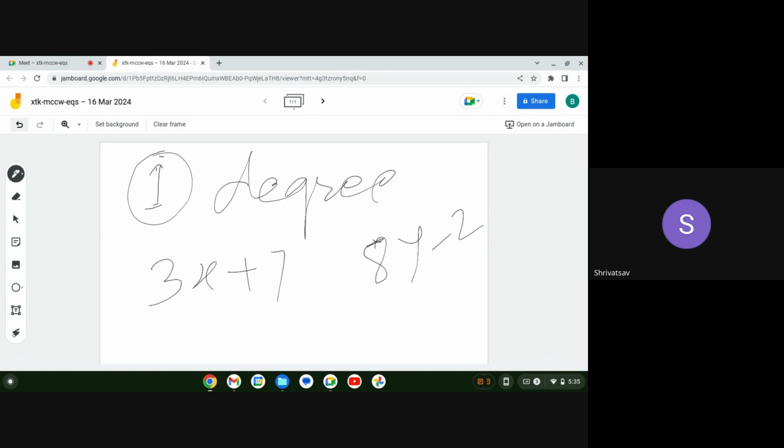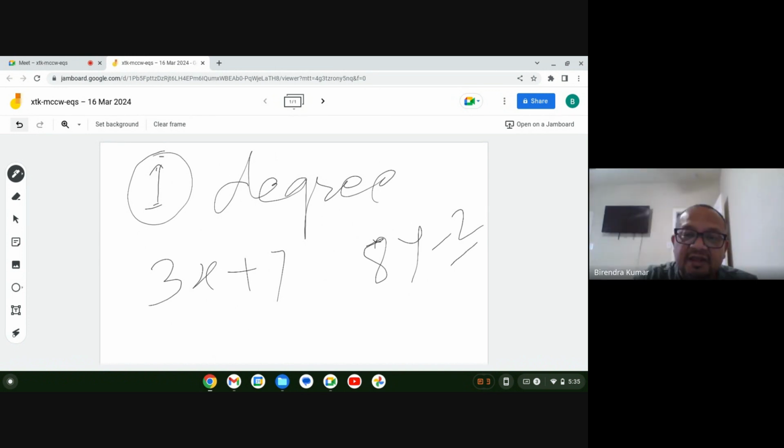Here I'm saying degree 1 because the maximum power of the variable is 1.